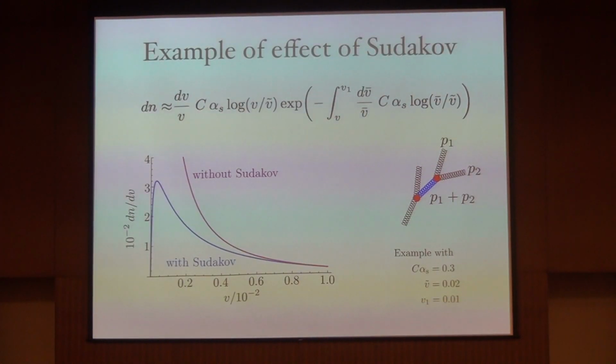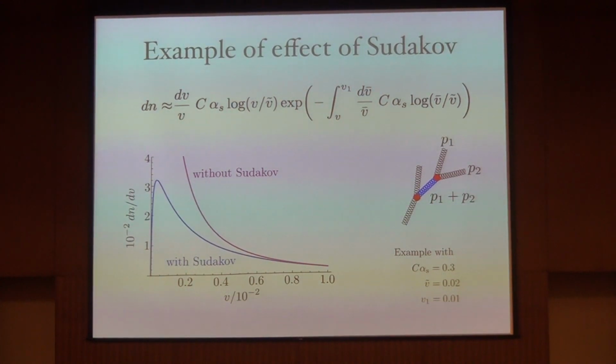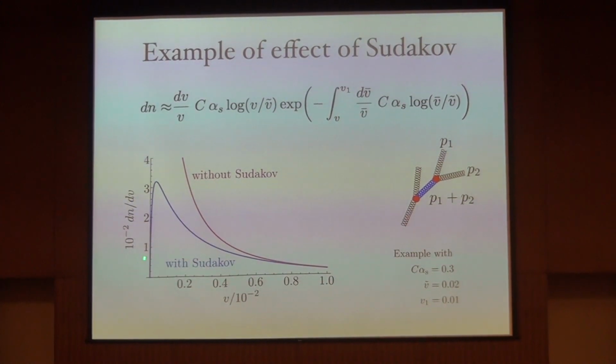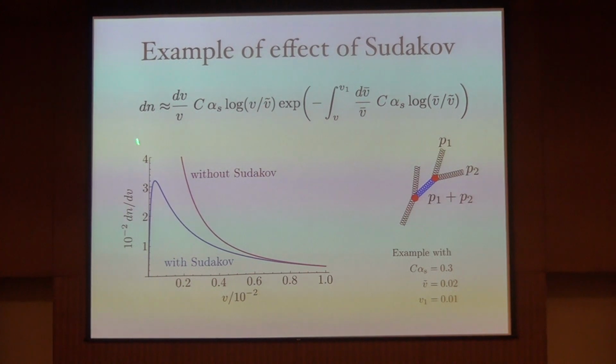So does that matter? Here's the same formula that I wrote before, this one right up here, and I just made a plot for a particular example. Here's v on the horizontal axis, here's dn dv on the vertical axis, and if I don't put in the pseudo factor, I get something that grows and grows and grows and goes right up to infinity. But that's not what really happens.